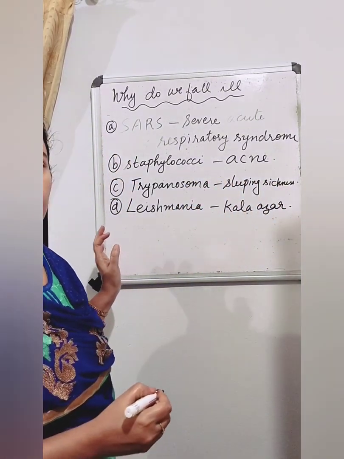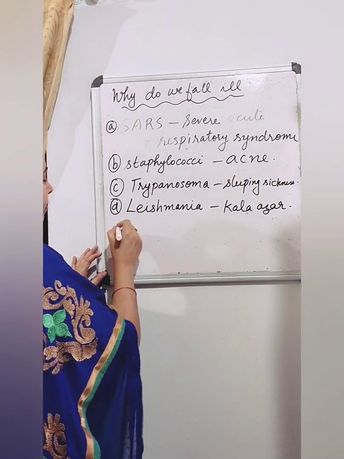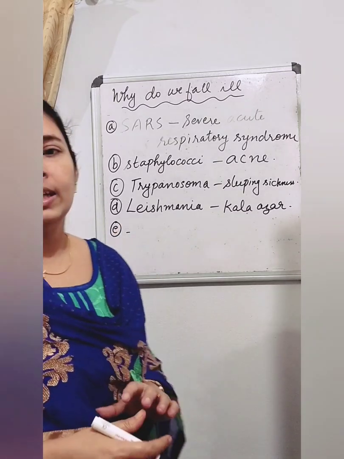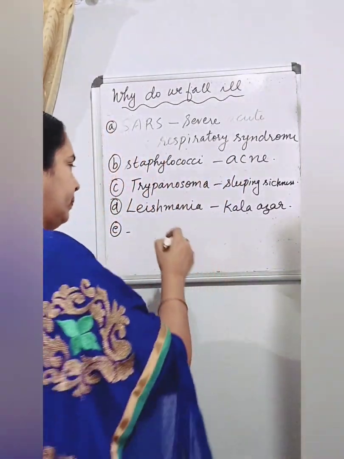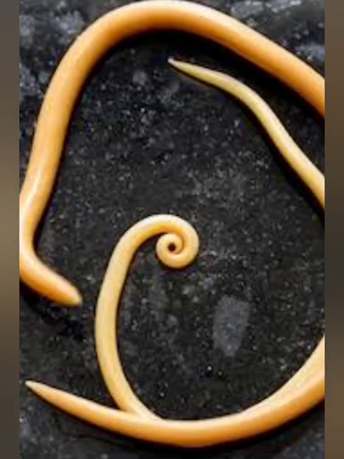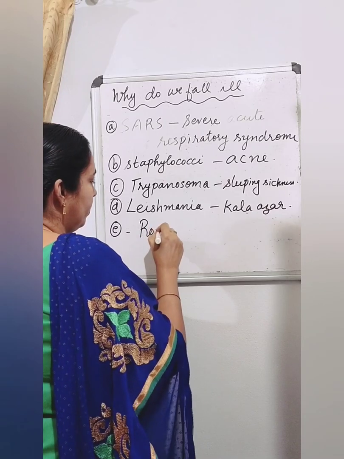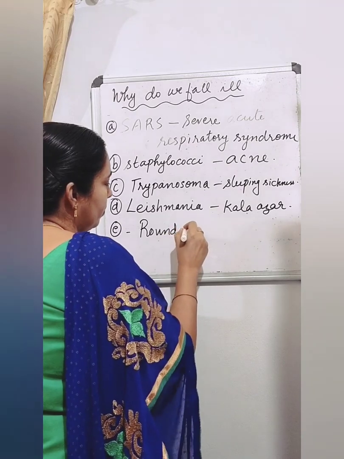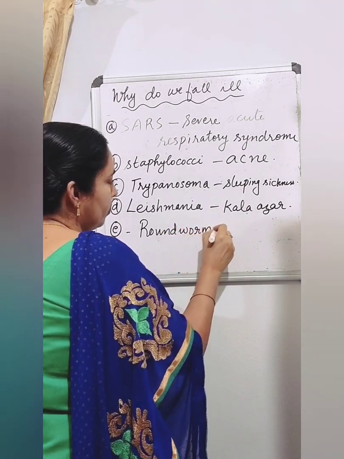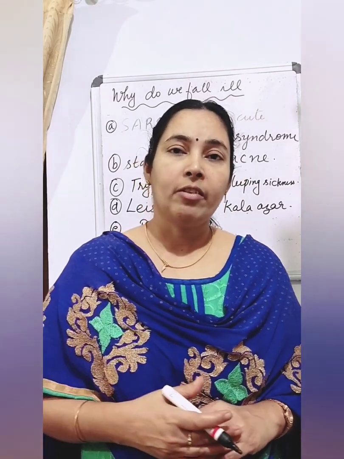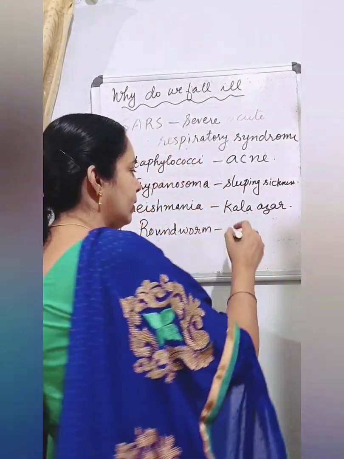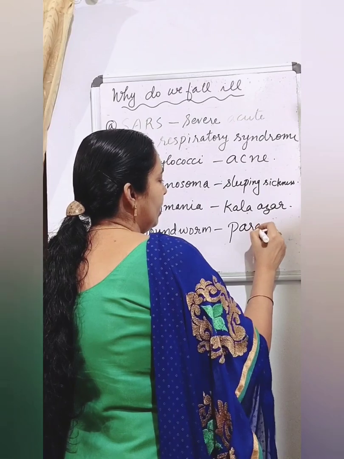Then in 13.1e, you can see it is the picture of an adult roundworm. And this roundworm is a parasite in our small intestine. So it is a parasite in our intestine.